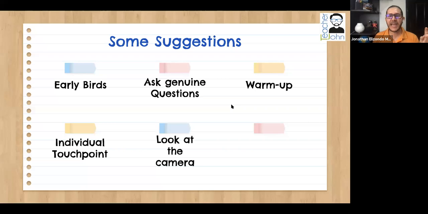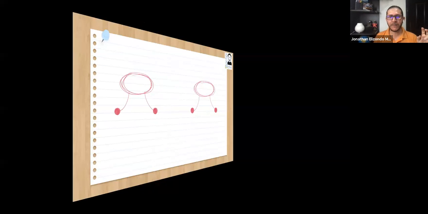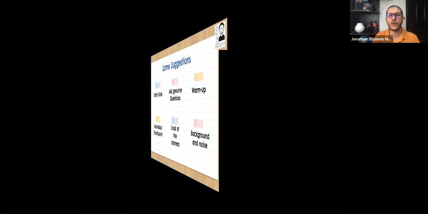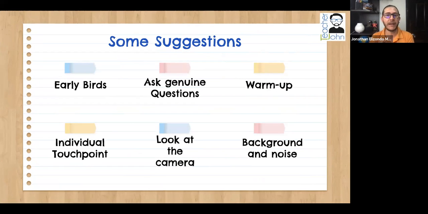Okay. And then background and noise, it's really important. My office is actually like 1 square meter. It's really small. It's in one part of my bedroom. But what I did is that I tried to have at least a background that is decent.